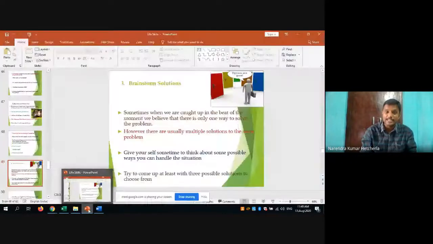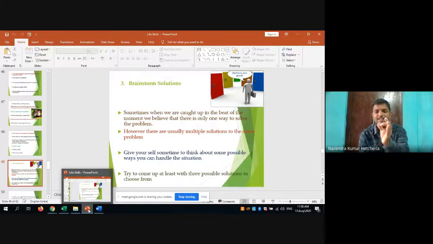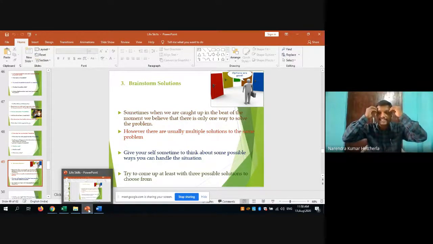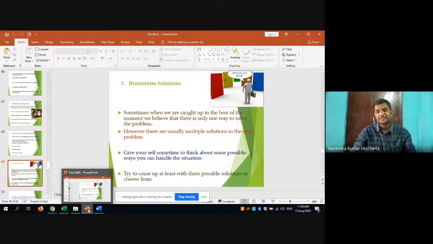Let us look. Sometimes when we are caught up in the heat of the moment, we believe that there is only one way to solve the problem. This is a chaotic state, my dear students. If something happens abruptly to someone in our home, this is what happens. Our mind is stuck over there. We have no idea what to do or what not to do.